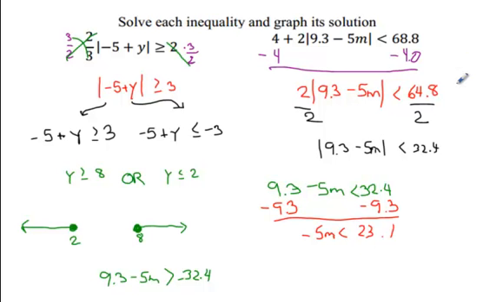So I'm going to get negative 5m is less than 23.1. Divide both sides by negative 5. When you do, the sign flips. And the negative is going to go to the top, but no matter here because we're just going to punch this in the calculator and get m is greater than negative 4.62.